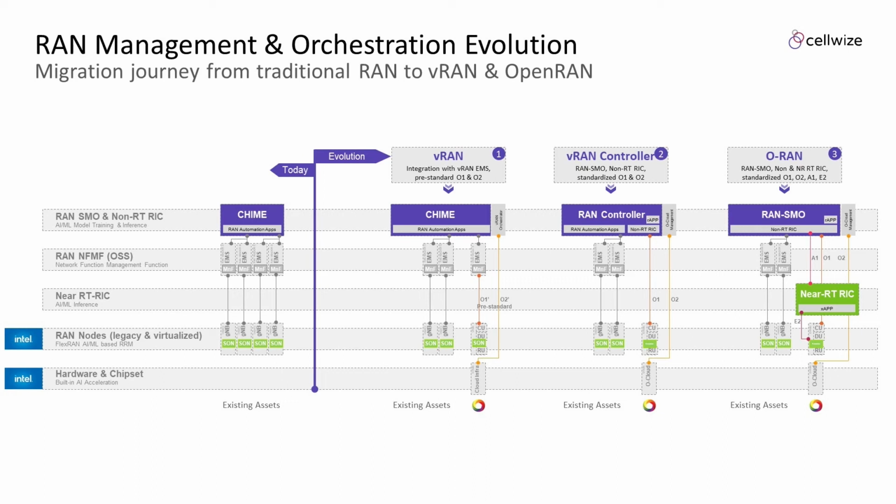And then, as mentioned by my colleagues here, the other layers of management and orchestration of the RAN in the form of near real-time RIC, where AI ML models will have a key role of execution, mainly inference.